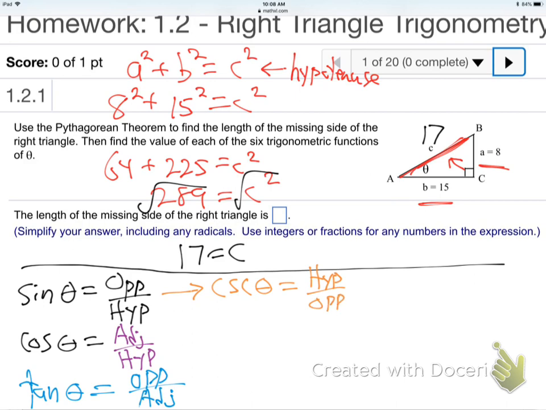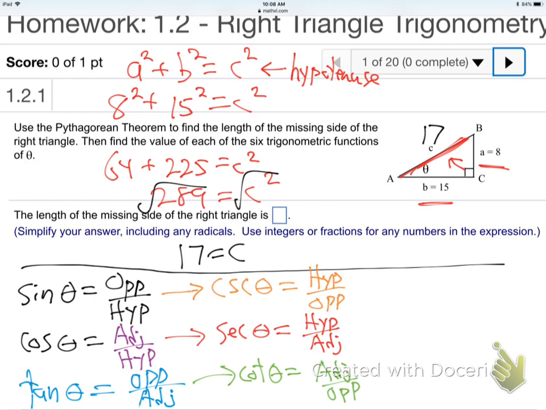And then we have the upside down of cosine, which is secant, which is hypotenuse over adjacent. And then the upside down of tangent is cotangent, and that's adjacent over opposite. So there are the 6 trig functions.